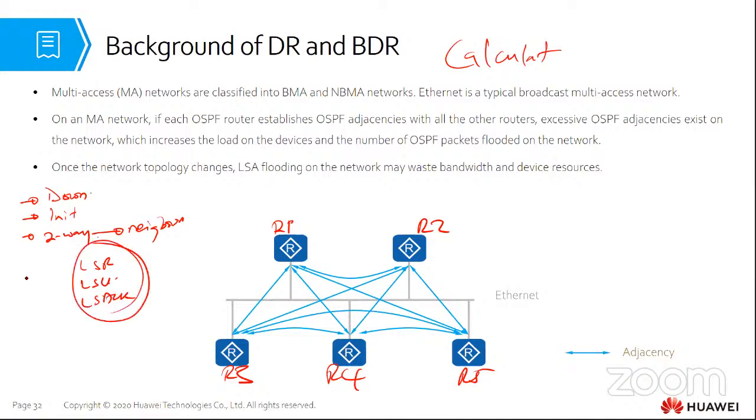Now imagine we want the link state database of 1 to be equal to the link state database of 2, to be equal to that of 5, of 4, and of 3. What does that mean?